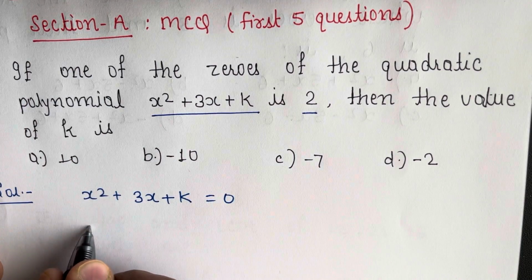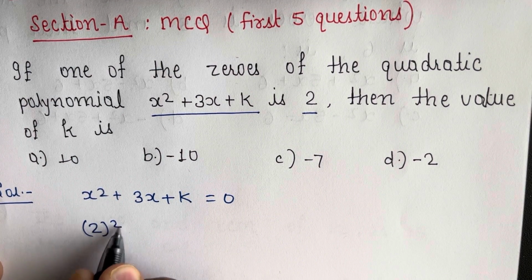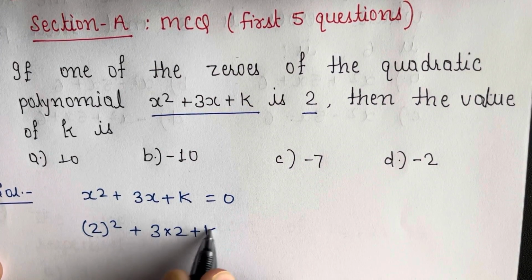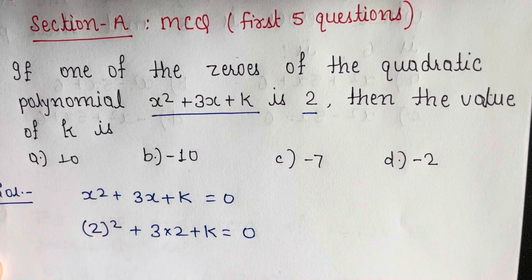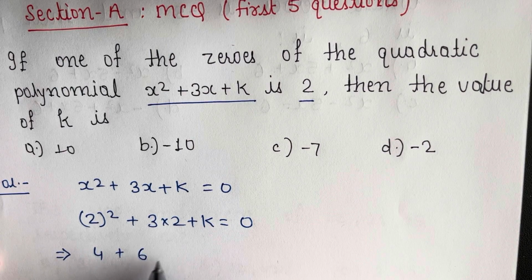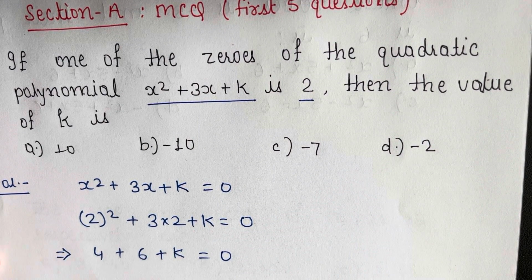So that means if you put 2 in place of x, the value should come as 0, right? So it will be 4 plus 6 plus k equals 0, right?